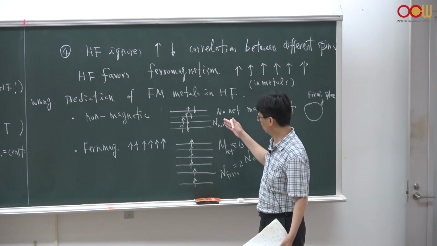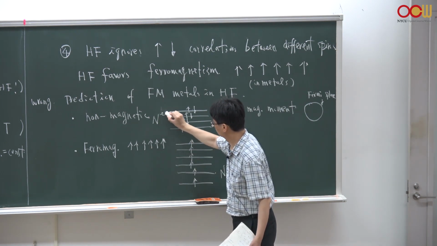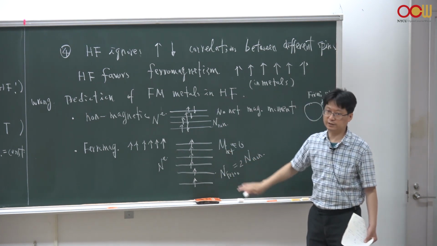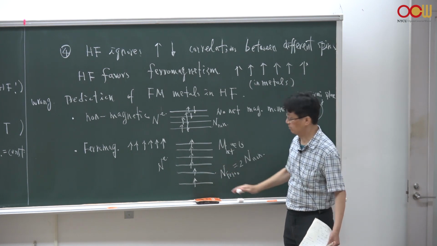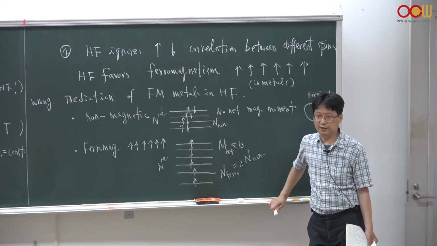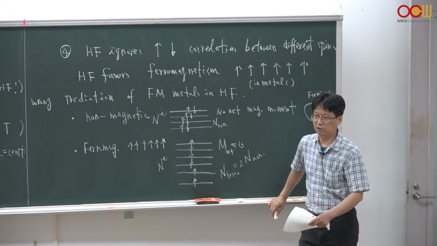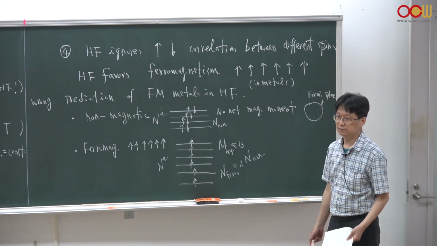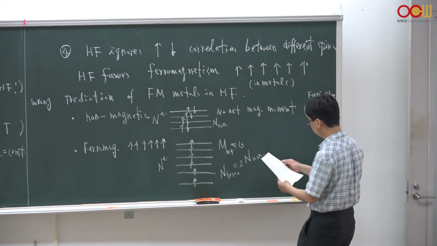For the same total amount of electron numbers, but in the ferromagnetic case, it needs twice as many energy levels to populate the same electron numbers. Is that clear?